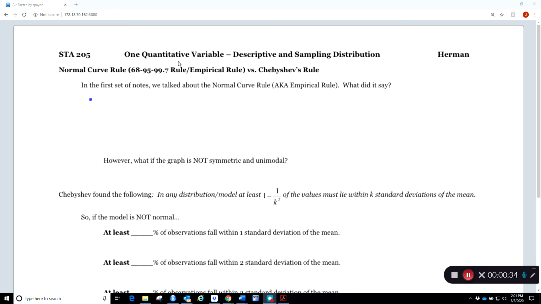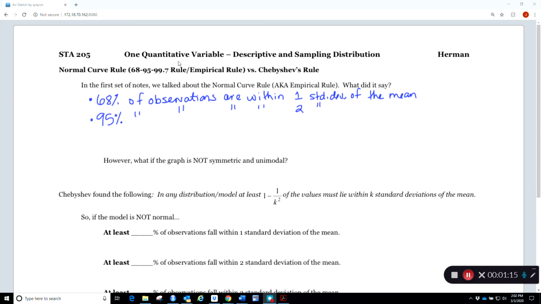And what that told us then was that 68% of observations were within one standard deviation of the mean. Then, if I go out 2 standard deviations, I got 95% of those observations are within now 2 standard deviations of the mean.